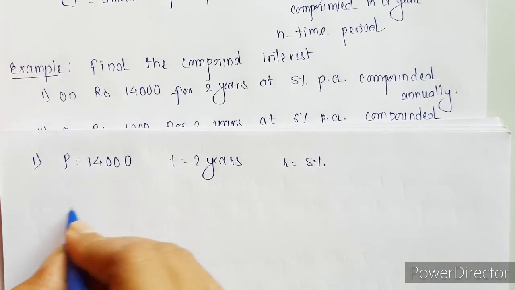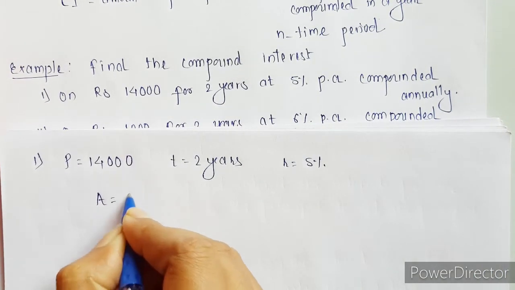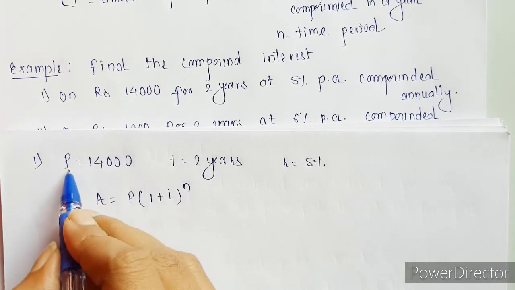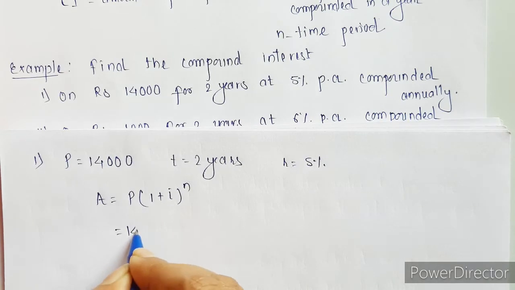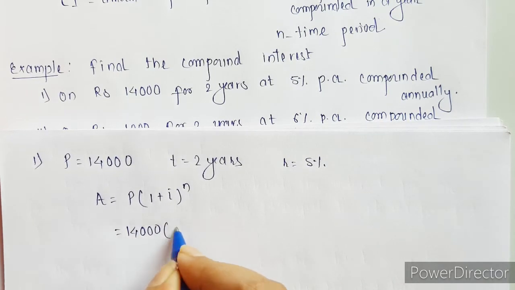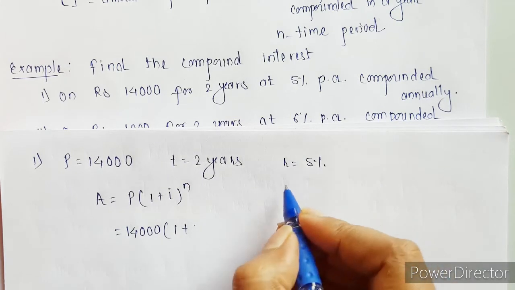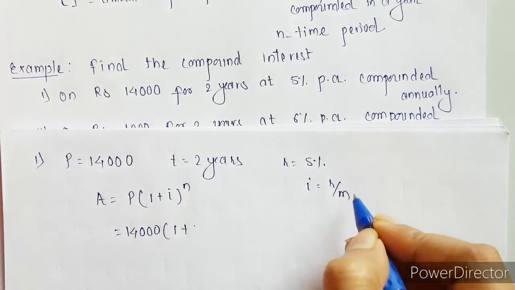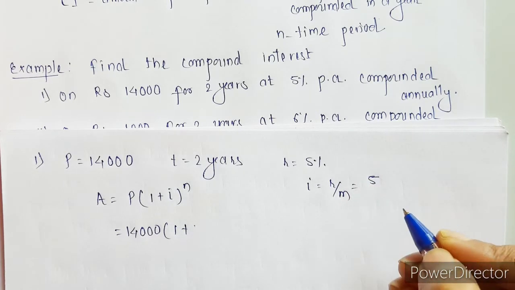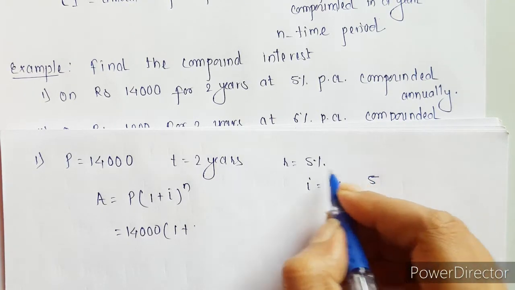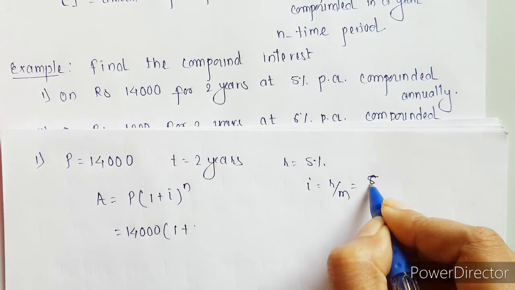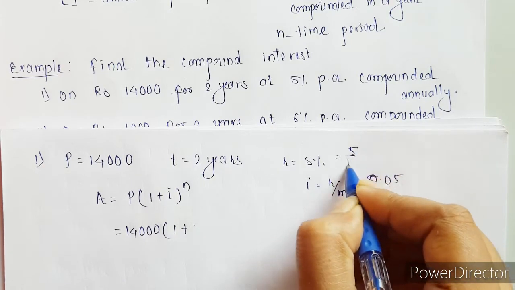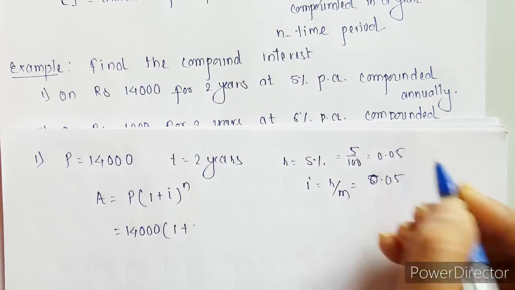So the amount in this case will be P into 1 plus i raised to power n. Principal is 14,000. What is i in this case? i is r upon m. R is 5%, which is 5 upon 100, nothing but 0.05.